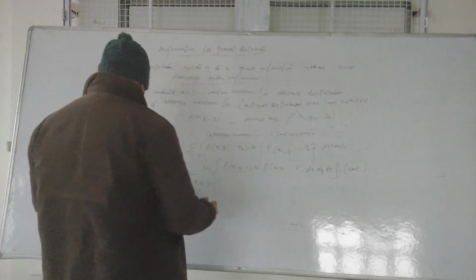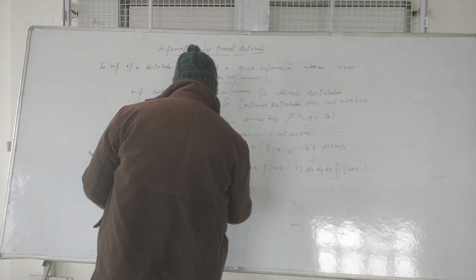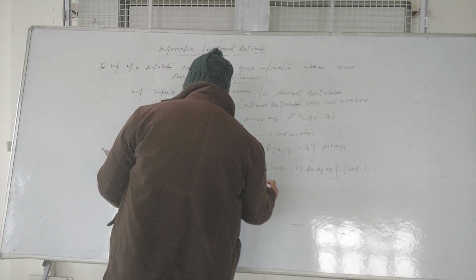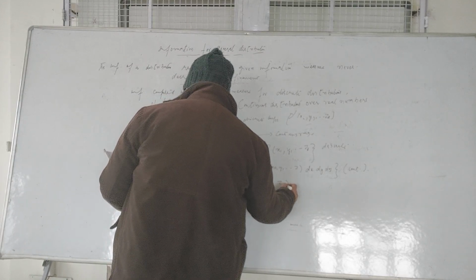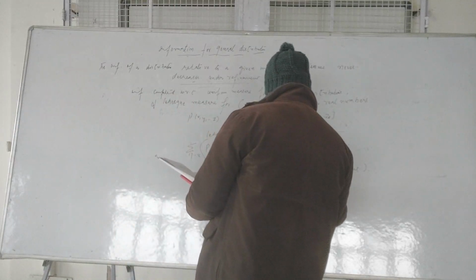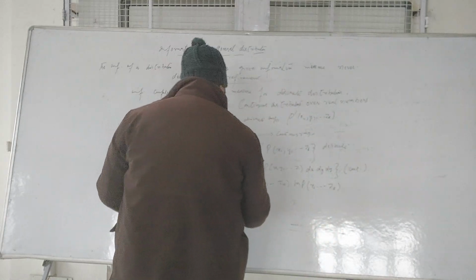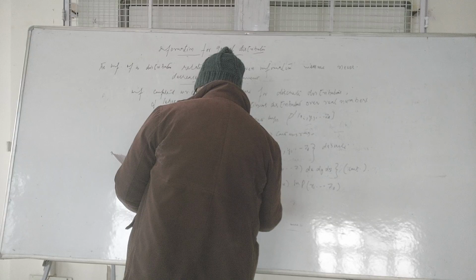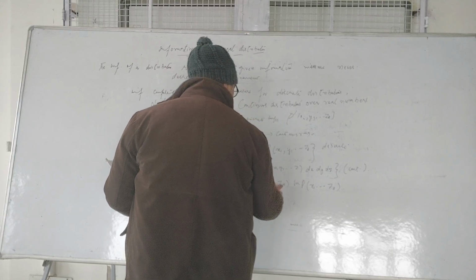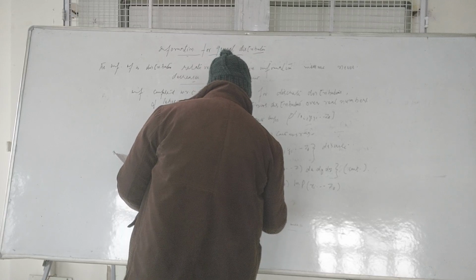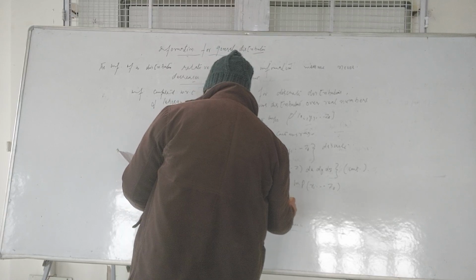And pure can be a particular case of mixed, then we can write it as P prime x_i z_k log of, and plus, this is for discrete case and this is for continuous case.